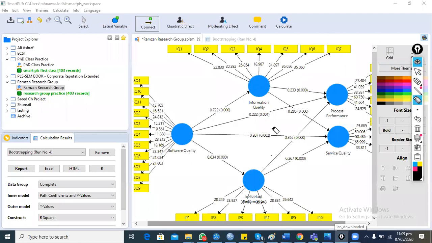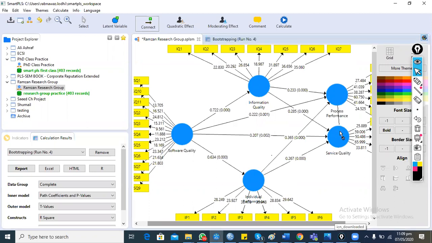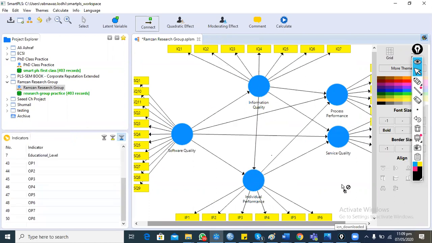So I need to just add one more arrow, maybe on this particular variable. So maybe for my understanding, to provide easiness to you people, I need to remove the arrows.